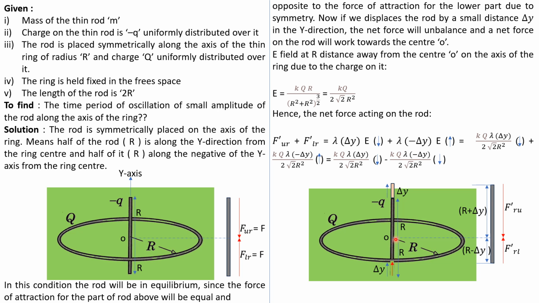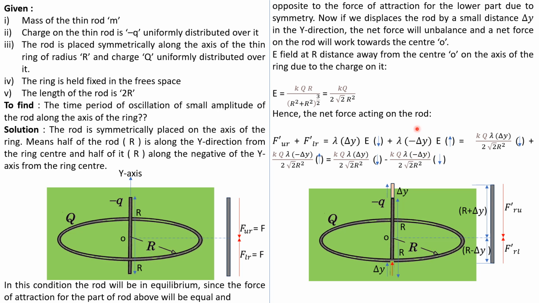For the lower part of the rod, we write lambda times minus delta y, meaning this much length has reduced. Initially it was r, now it is r minus delta y length below the plane of the ring.